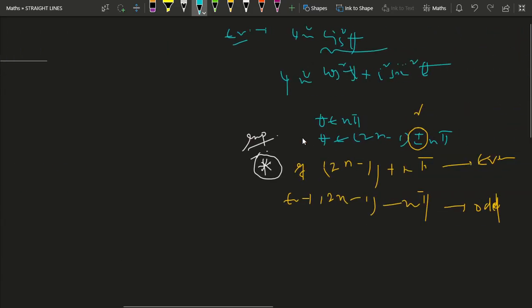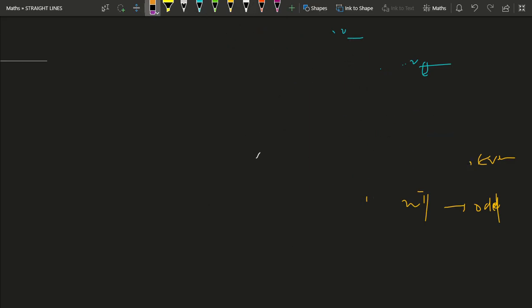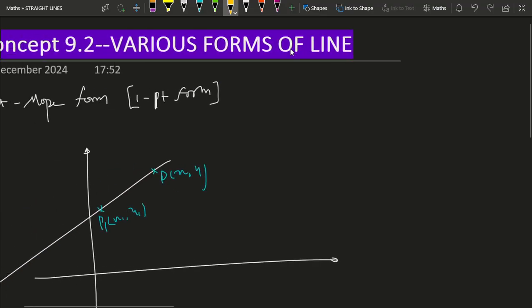Next one is two point form. There is no three point form and all, only one point and two point. The total chapter depends upon one point and two point.